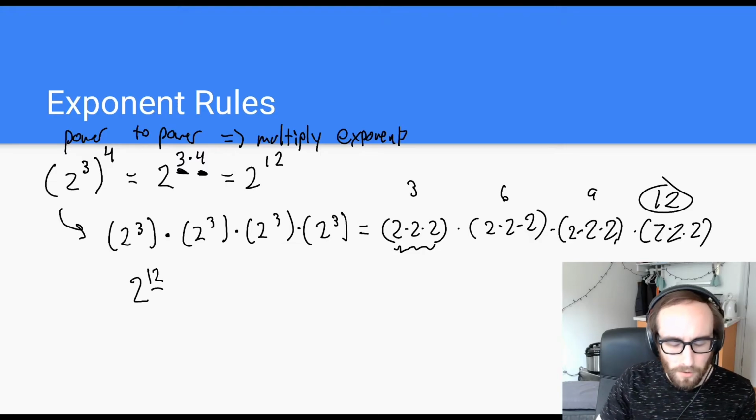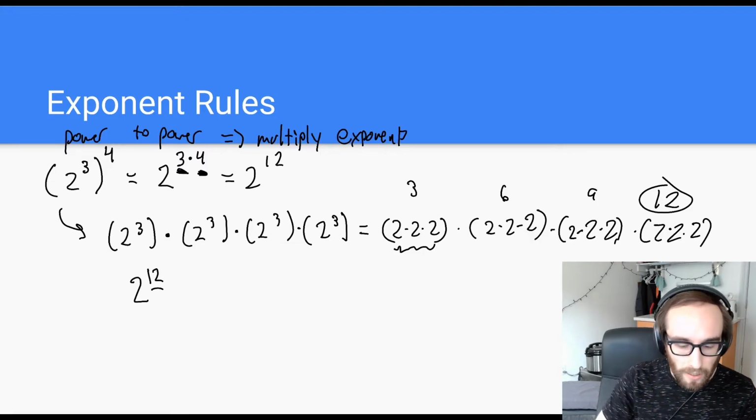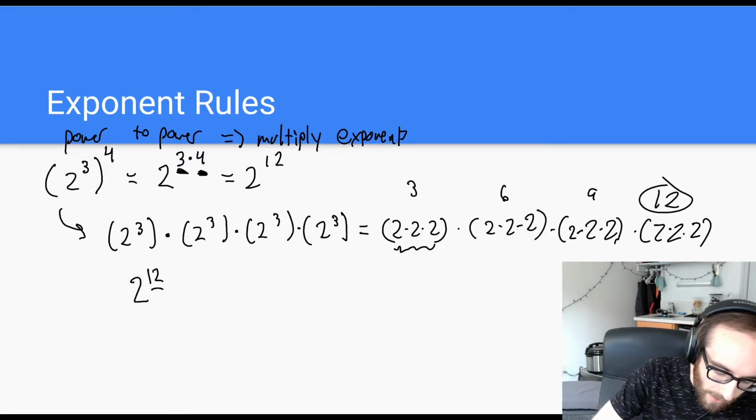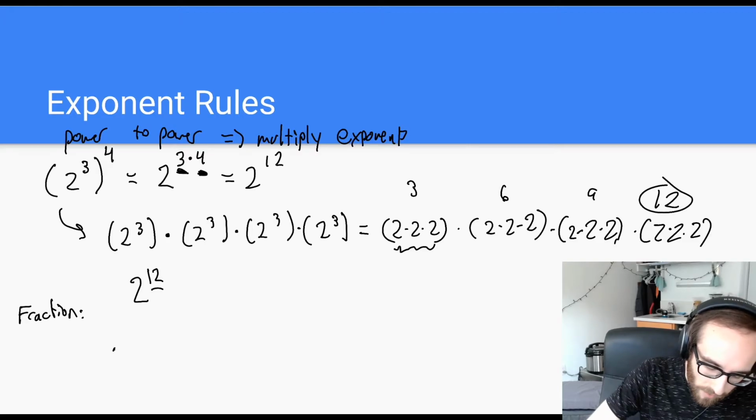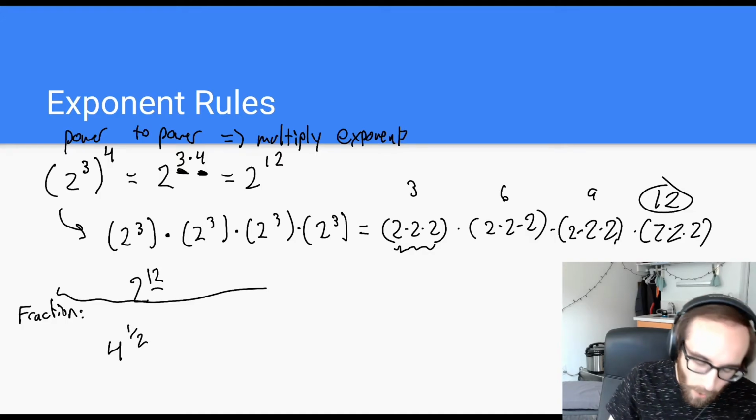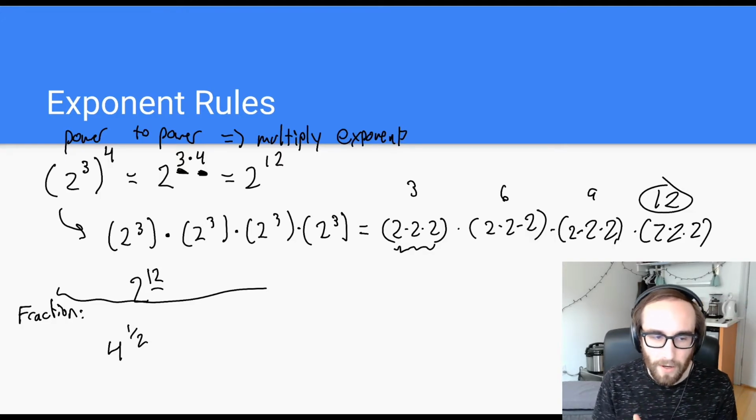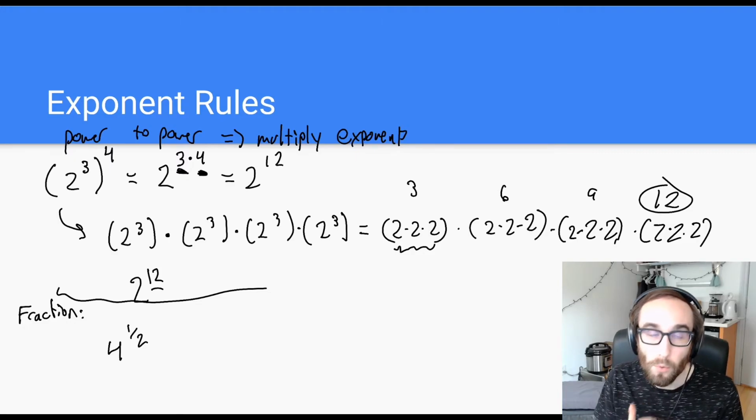Finally, the last rule that we'll go over is fractional exponents. If we have an exponent that's a fraction, for example, if we have 4 to the 1/2 power, what that means is that we can end up taking a root.